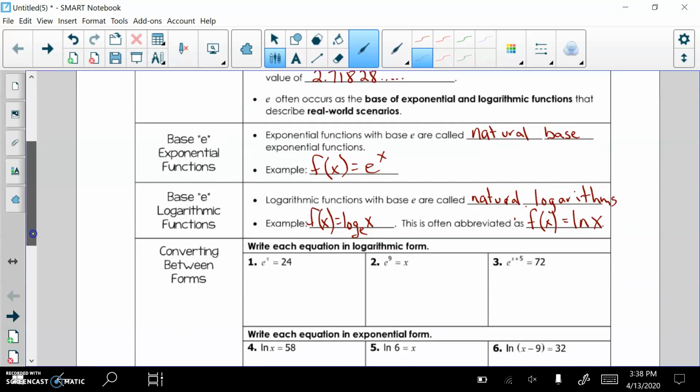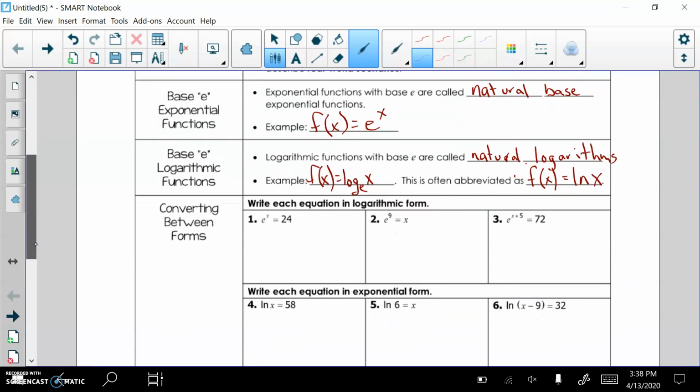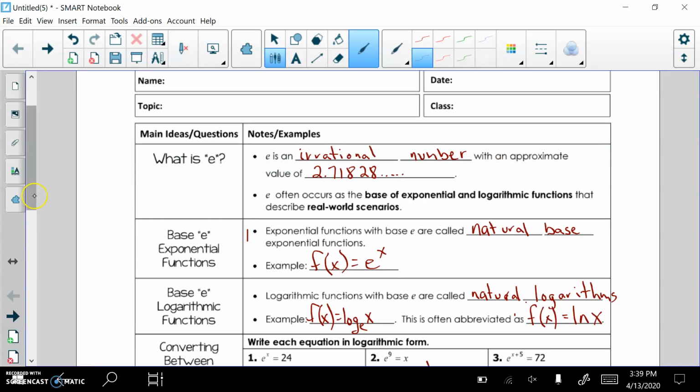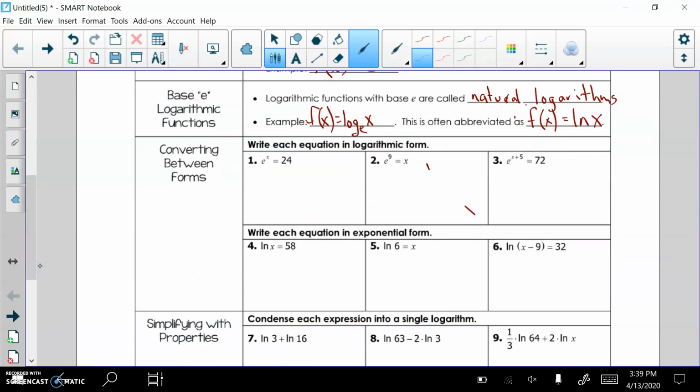All right, so you get some examples. e to the x is equal to 24. You would natural log both sides. Really, it's log base e of e.